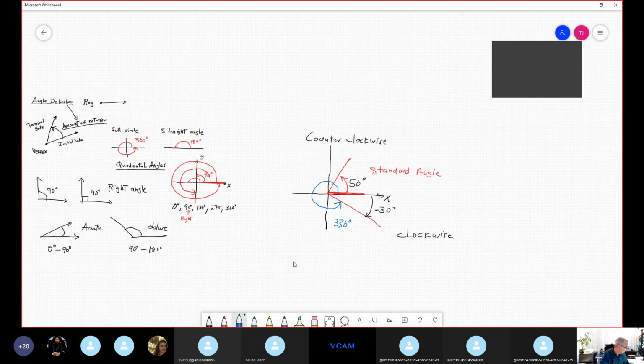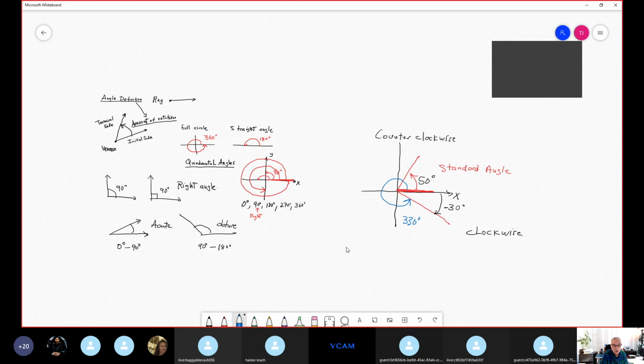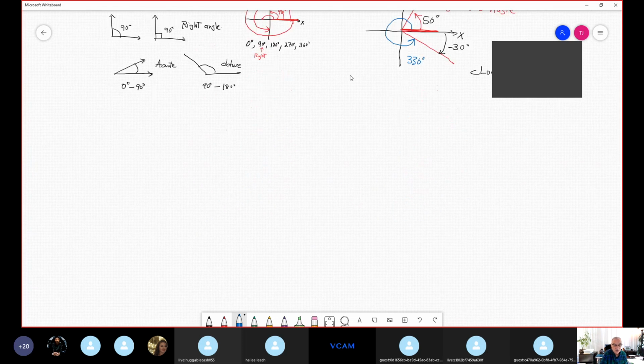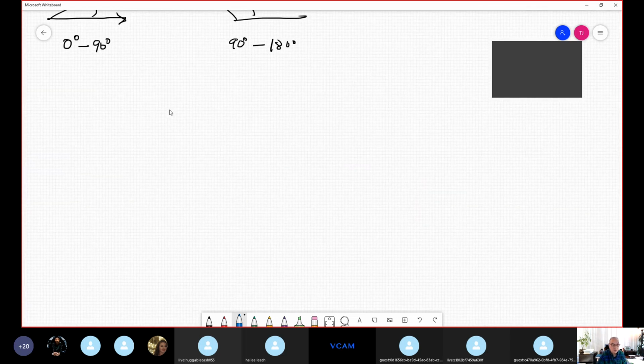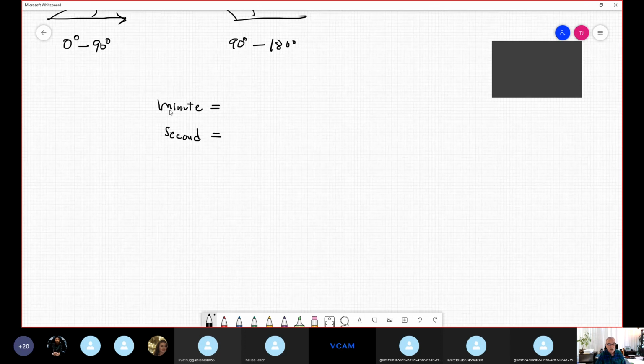In navigation and astronomy, we use another unit for the angle. Let me show you. Another way to express the angle is using minutes and seconds. But these minutes and seconds are not the minutes and seconds that you frequently know from time on the watch, in the clock.